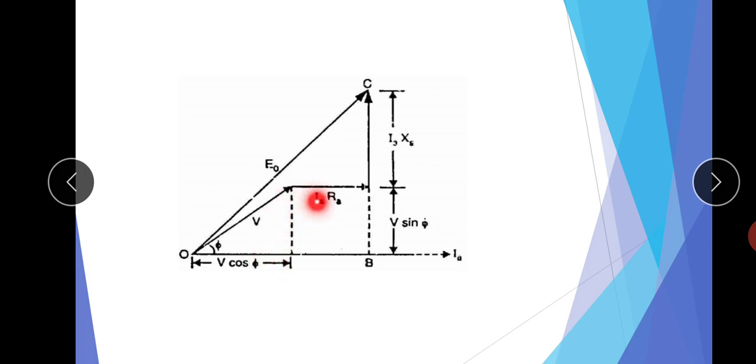This is the drop IA RA, in phase with the current, and this is the reactance drop leading IA. The sum of IA XS plus IA RA plus V is equal to the output voltage at no load.